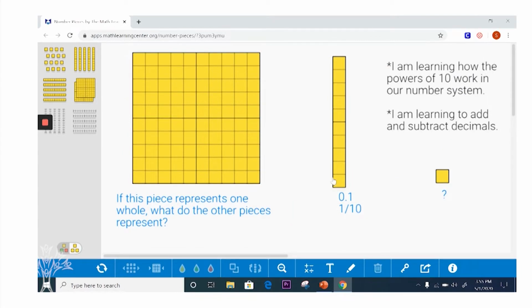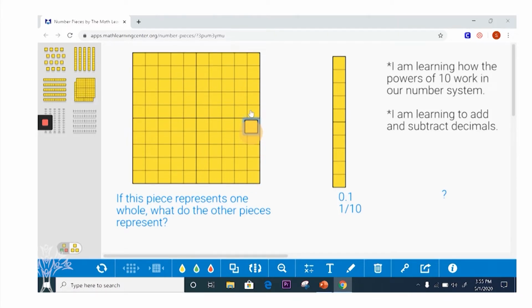So if this is 1/10, then how much is that? What can we call this? I mean, 10 of them fit here, right? 1, 2, 3, 4, 5, 6, 7, 8, 9, 10. So it's 1/10 of this 1/10, but how much is it of the whole?